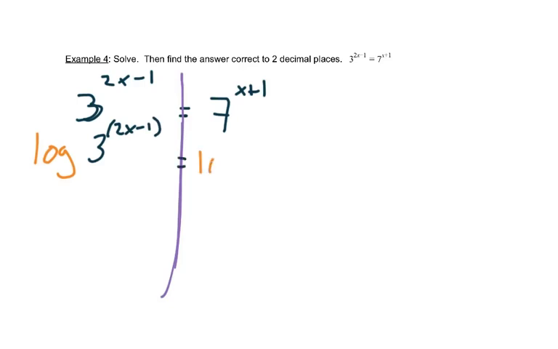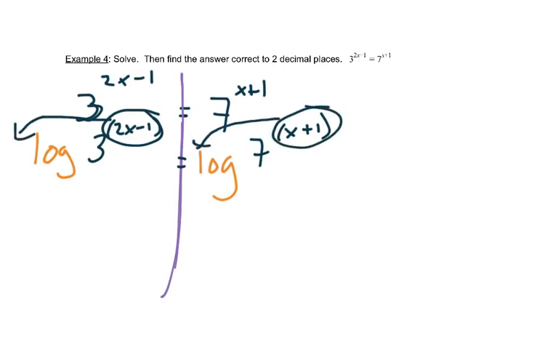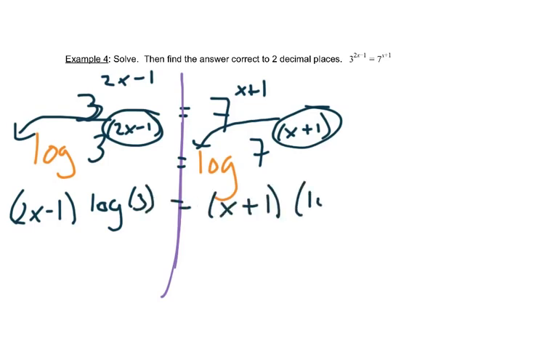And we're going to put log in front of the right. And that allows us to bring this out in front of those logs. So now we have 2x minus 1 times log of 3 and x plus 1 times log, let me put the parentheses with the 7 instead, times log of 7.